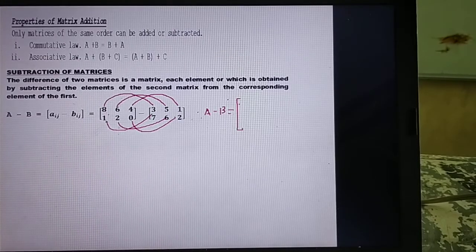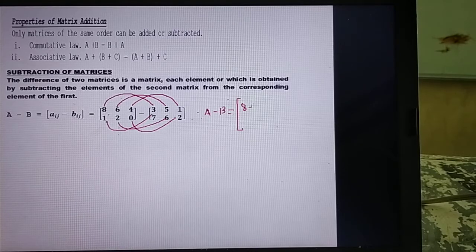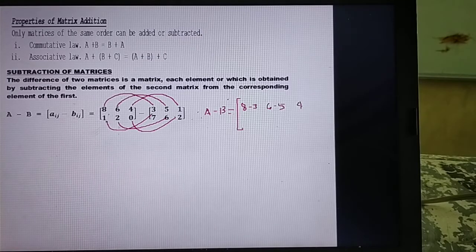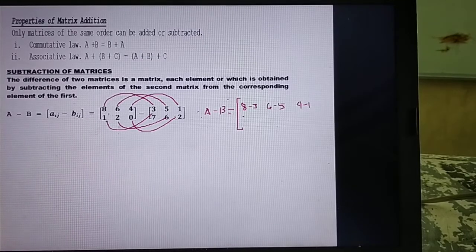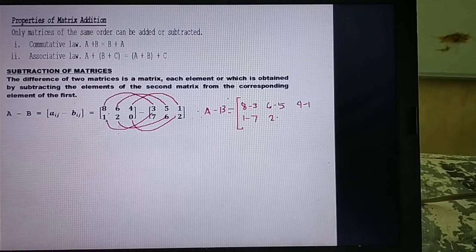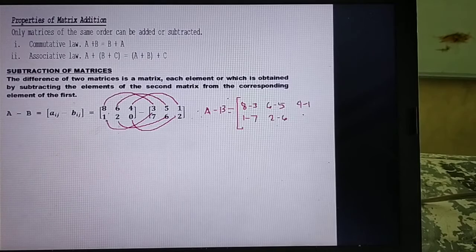is equal to 8 minus 3, then 6 minus 5, then 4 minus 1. Here is 1 minus 7 and 2 minus 6, 0 minus 2.